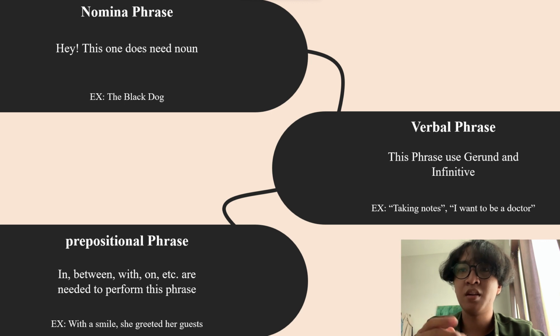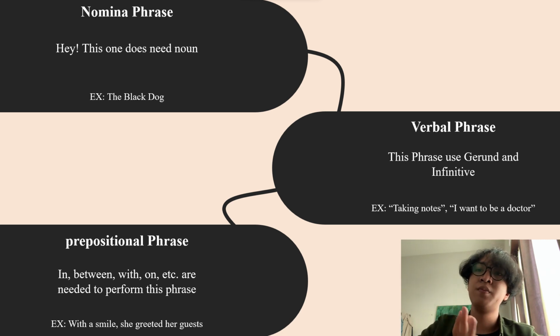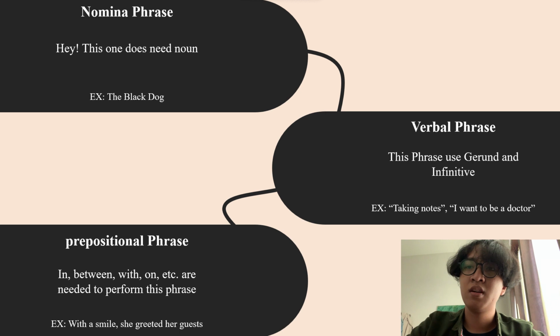That's what determines a gerund. And an infinitive type is text followed by the word "to be." As you can see in the example, you have "taking notes" as a gerund and "I want to be a doctor" as an infinitive.